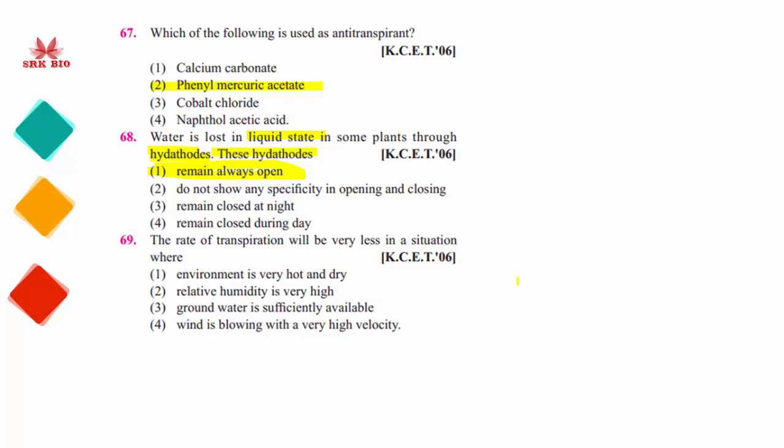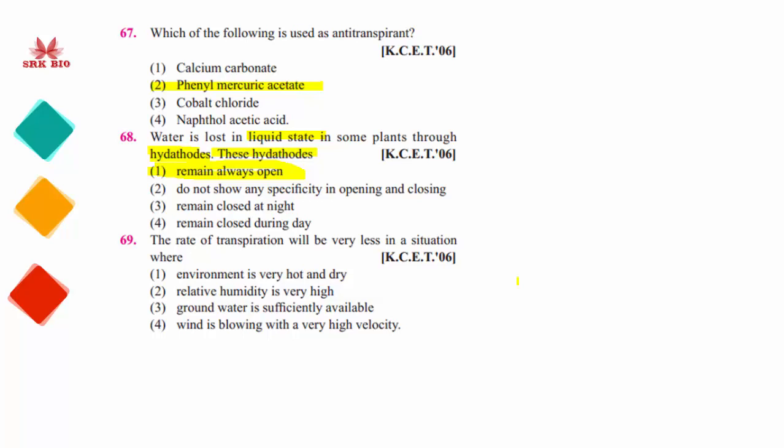Of course, internal as well as external factors. The internal factors: number of stomata, especially functional stomata, distribution of the stomata on upper epidermis as well as lower epidermis, and the external factors affecting or controlling the rate of transpiration are wind velocity, temperature and humidity.